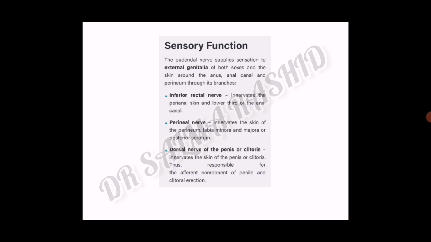The perineal nerve innervates the skin of the perineum, labia minora and majora, or posterior scrotum. The dorsal nerve of the penis or clitoris innervates the skin of the penis or clitoris, thus responsible for the afferent component of penile and clitoral erection.